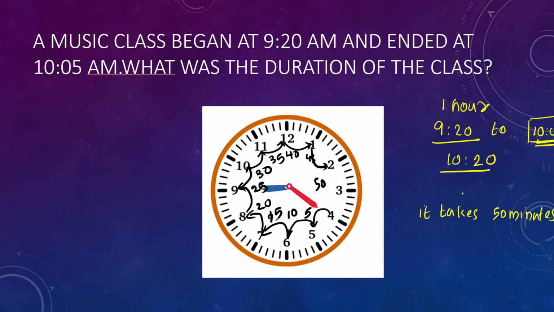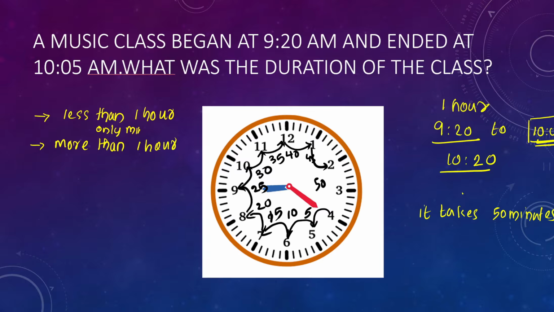So you want to figure out whether the time taken is less than 1 hour or more than 1 hour. If it is less than 1 hour, it will take only minutes to complete the task, so you can count the number of minutes.